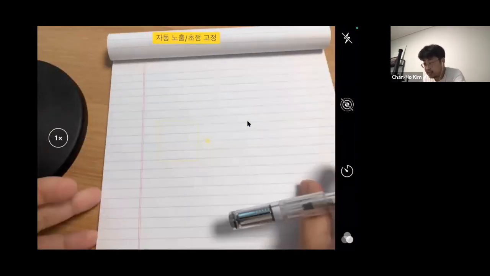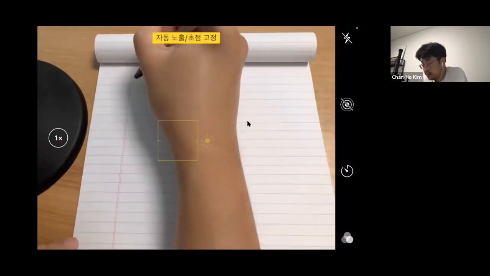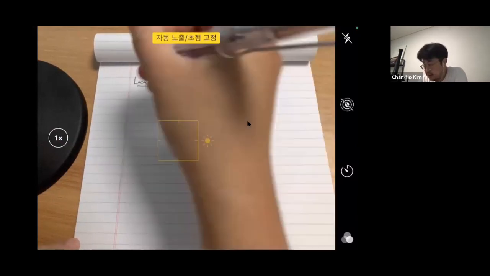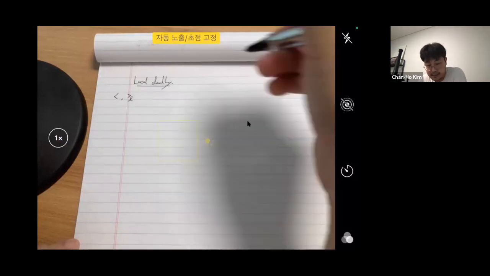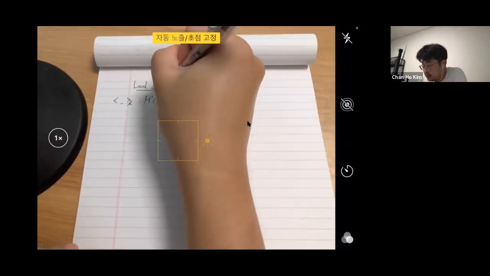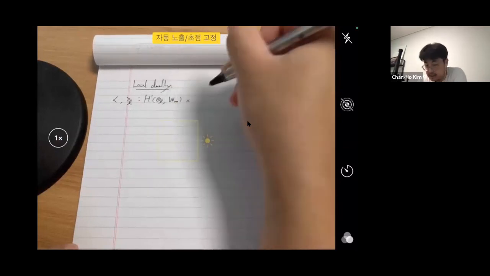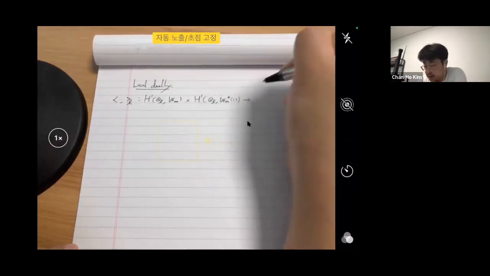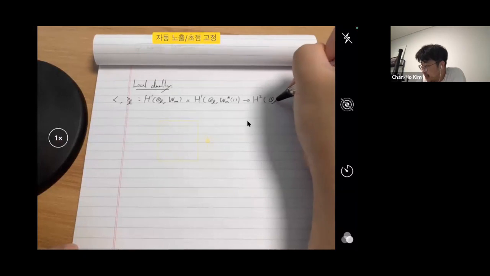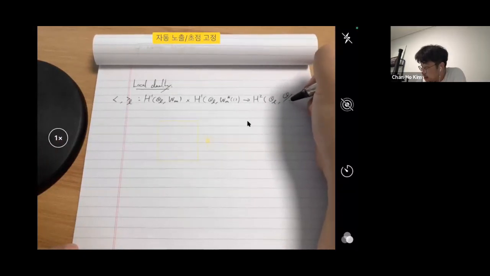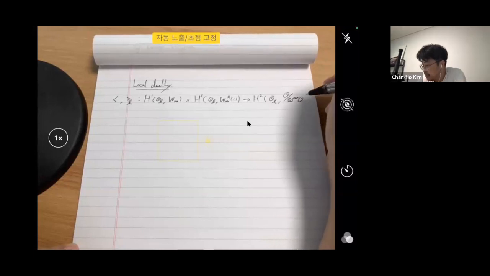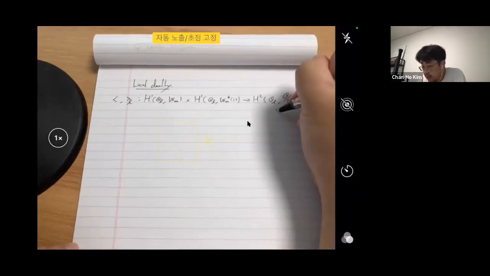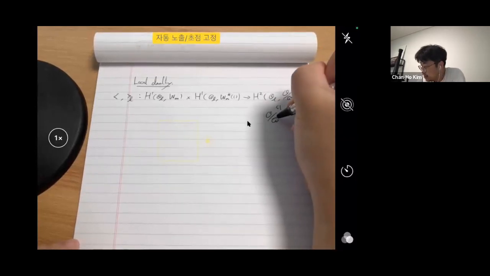So the local duality means here, pairing L is first the local cohomology of WM times H1, and WM star 1 goes to H2 QL O quotient by the P to the M, something like that, and taking the Tate twist, which is isomorphic to just this Artinian ring.